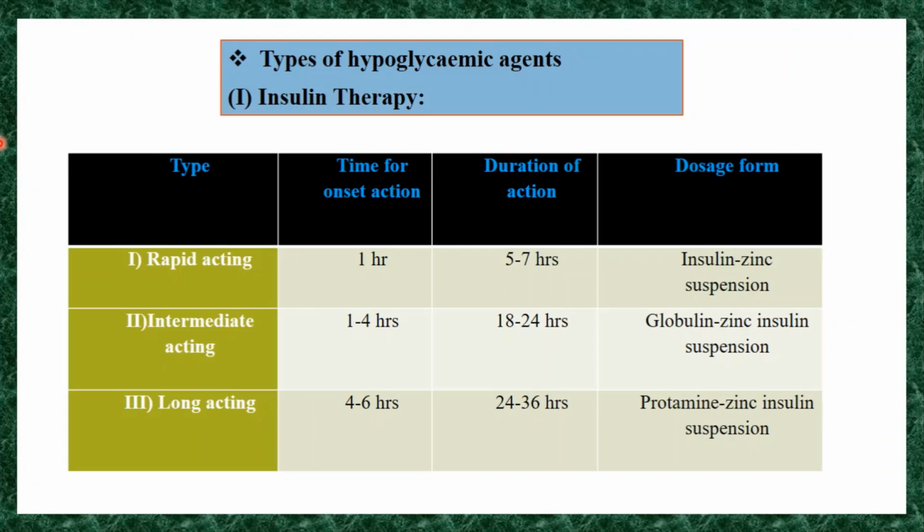The reason is that insulin is a protein, and when taken orally, it may get digested by enzymes in the gastrointestinal tract. Injected insulin directly enters the systemic circulation, and hence it is more effective than the oral hypoglycemic agent.